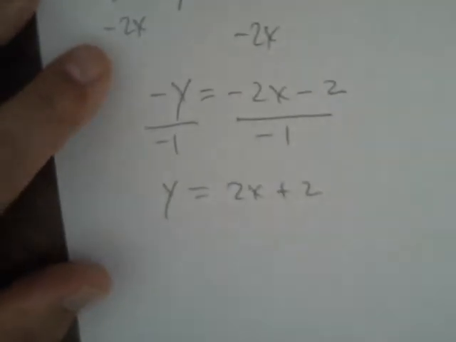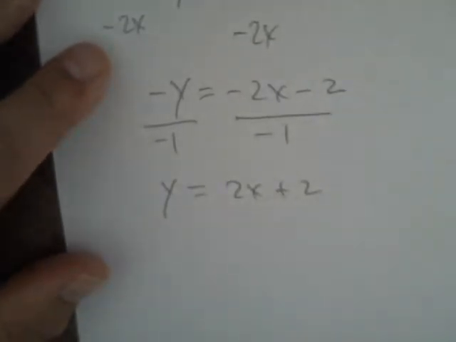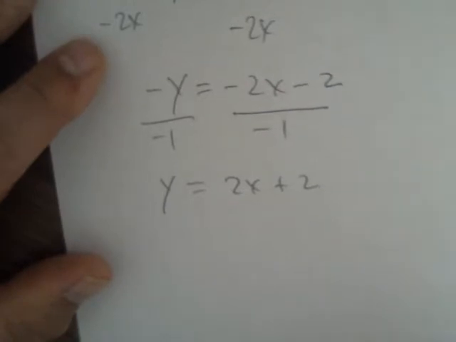Now, as far as the other modules, when you get into the substitution method or the addition method, again, you're thinking of finding that point of intersection. And one way to do it was from the graphing.